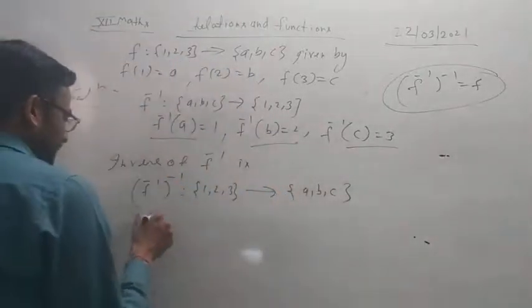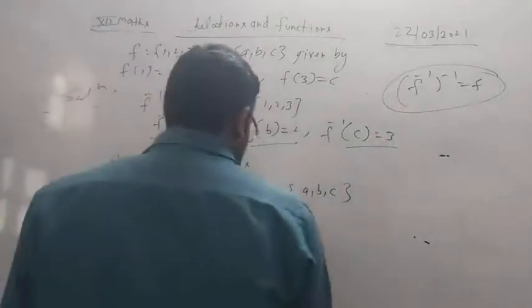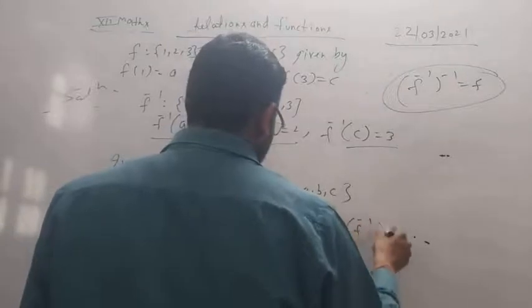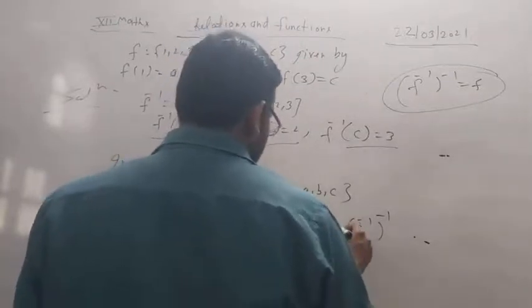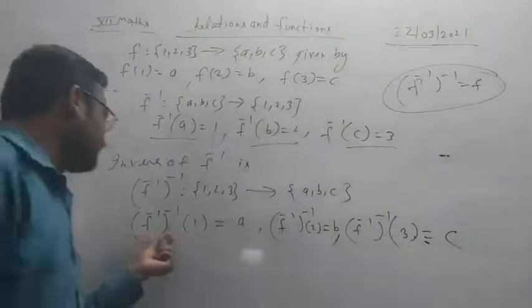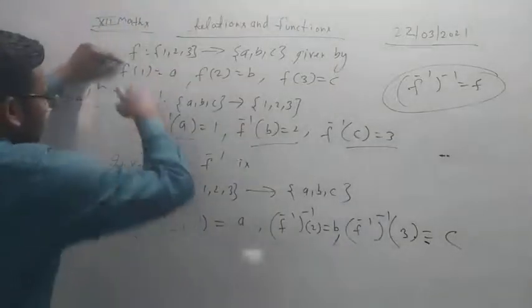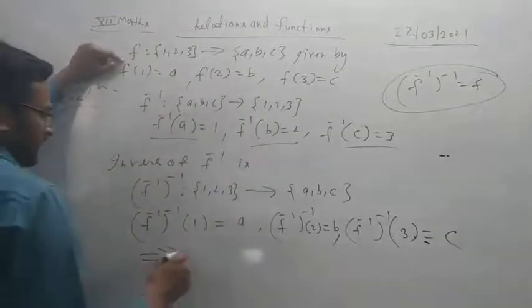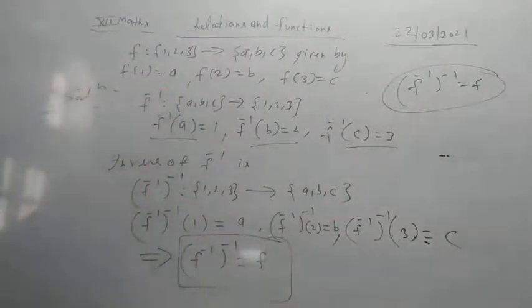That is, our f inverse of 1 gives us A, f inverse of 2 gives B, f inverse of 3 gives C. Okay, students, so we are saying that f inverse of f inverse operated on 1 is A, and this is what we were given, 1 operated by f gives us A. So we can say that our inverse of f inverse is equal to f from here.